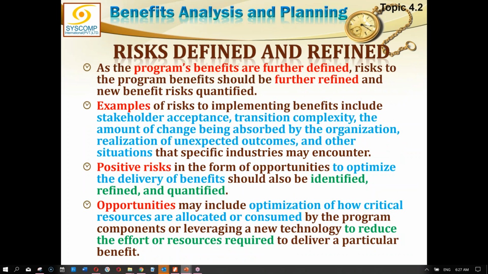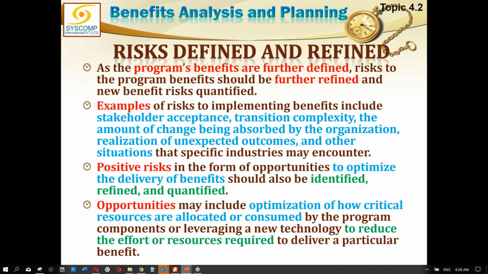Right. Coming over to the risks. Risks must be defined and refined. As program benefits are further defined, risks to program benefits should be further refined and new benefit risks quantified. Now, this is very important because for all the benefits you are focusing on, there is always a caveat that this benefit may not be realized.